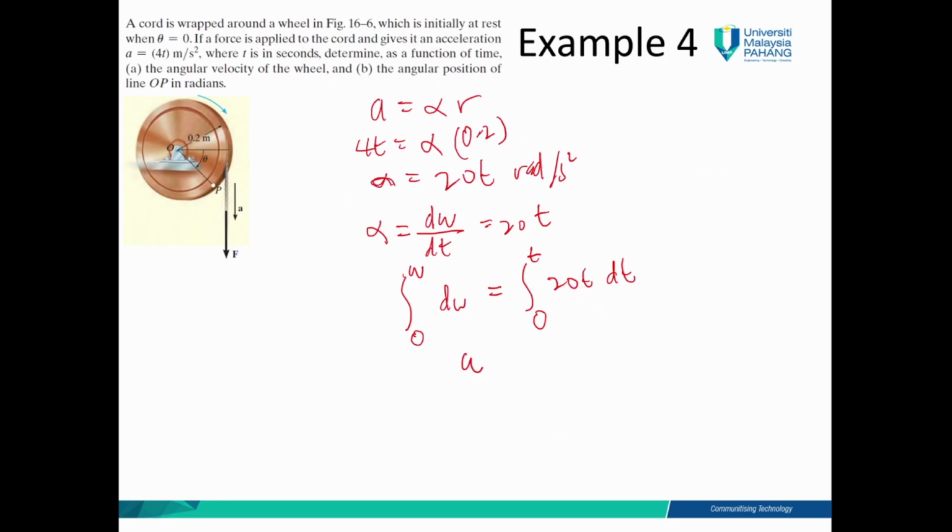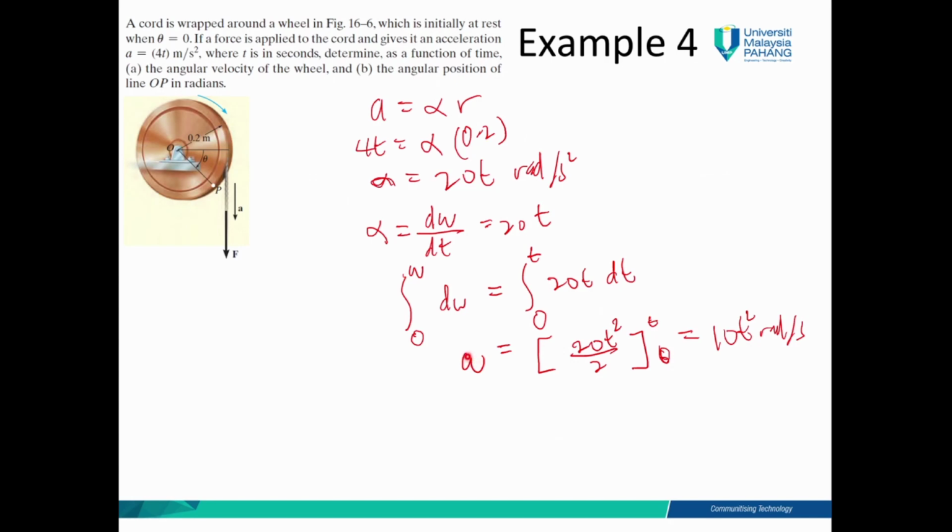You will get 20t to the power of 2 divided by 2, which is equal to 10t to the power of 2 radian per second. So this is your angular velocity.